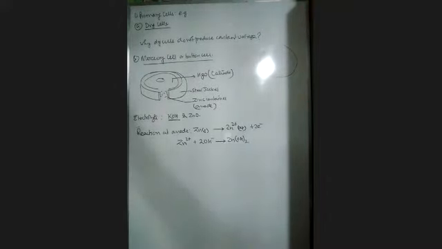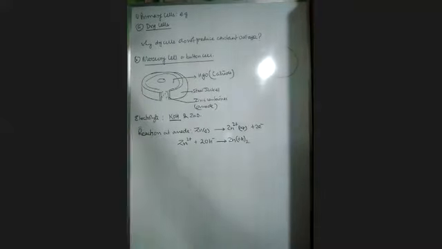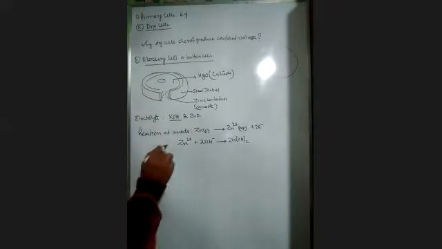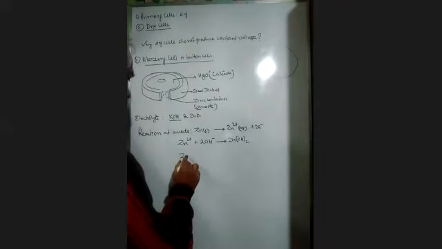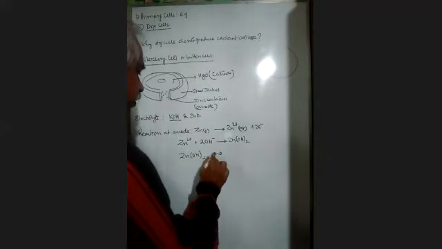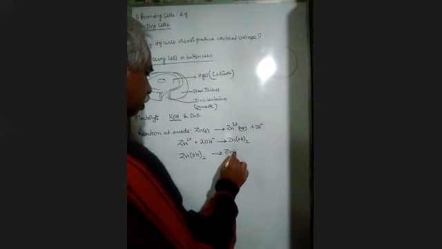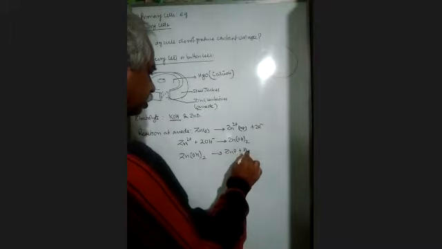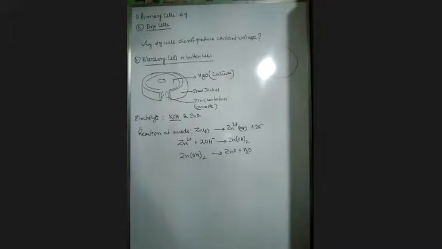Similarly, zinc hydroxide is also not stable. Aluminum hydroxide is also not stable; it loses water to give Al2O3. So here also, what is going to happen? Zinc hydroxide will lose a molecule of water to give you zinc oxide.